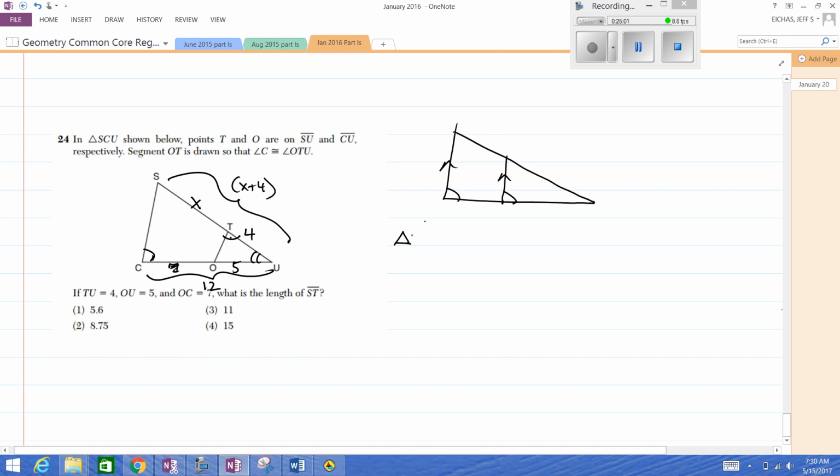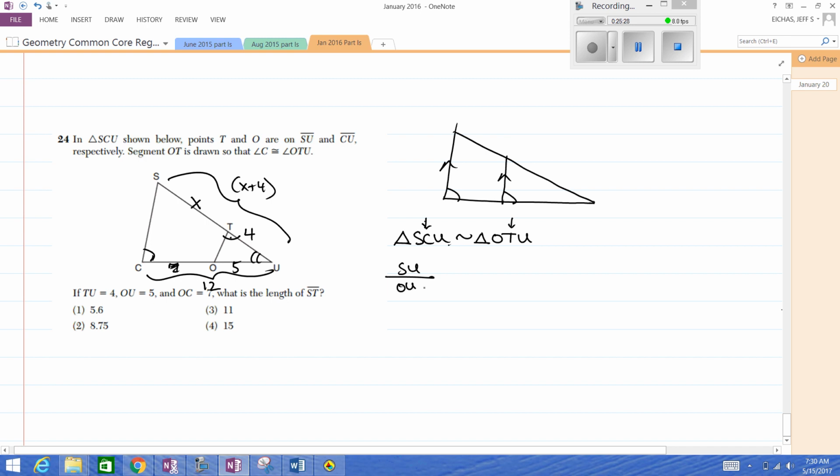So I'm going to just write this down. Triangle SCU is similar. Now we got to be careful. It's actually similar to triangle OTU. Okay, C and T are the matching angles, not C and O. So with our proportion, let's see. We've got SU is to, what's its corresponding?